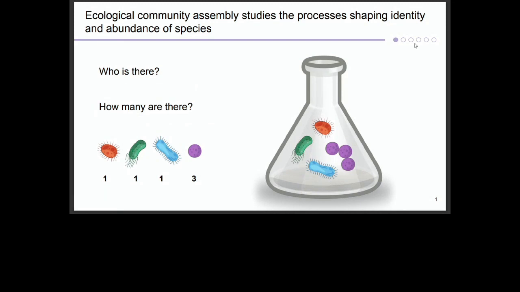But there's also interaction happening, and this interaction leads to complex processes and complex dynamics. And that will determine who is there and how many are there. For the question, who is there, we have this basic example, 4 kinds of species. And how many are there are the abundances of them in this community, in this flask.